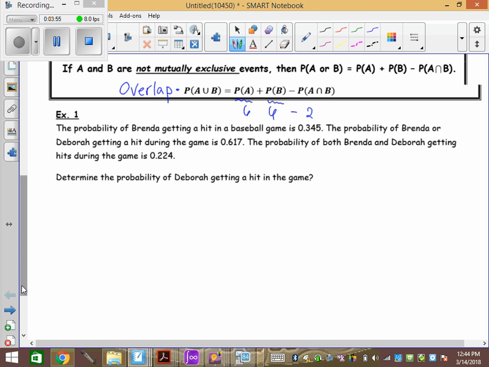Okay, so the probability of Brenda getting a hit is 0.345. So we're going to write it out, probability of Brenda hitting, right? The probability of Brenda or Deborah getting a hit is 0.617.